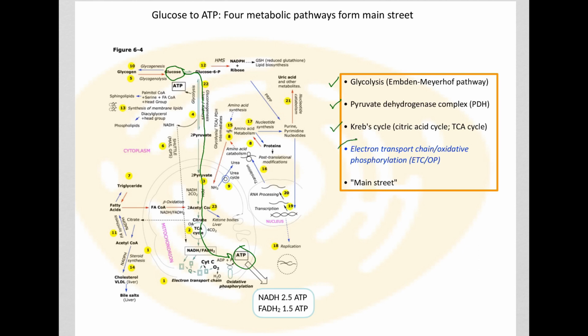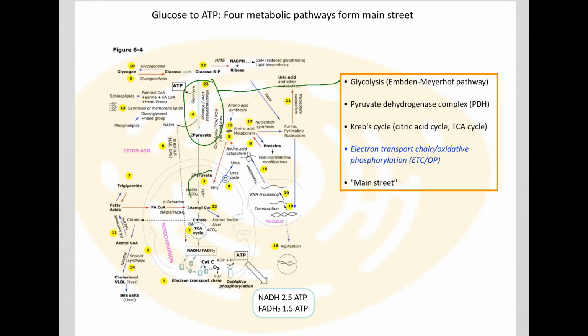Today we'll look at the next part of this, what we call Main Street, and this is the electron transport chain coupled to oxidative phosphorylation. Just as a reminder, the first part, glycolysis, is a metabolic pathway that occurs in the cytoplasm.